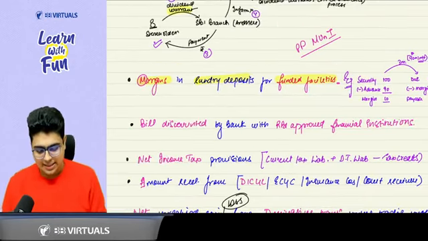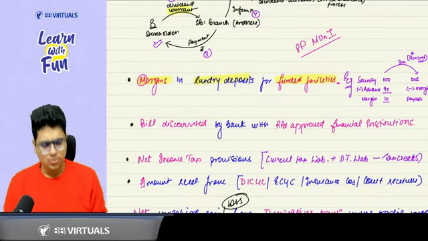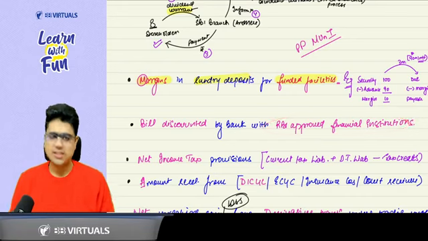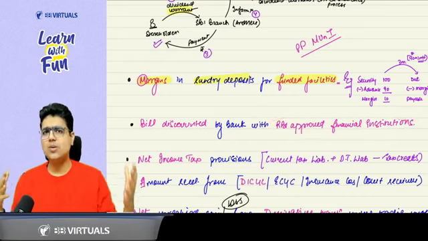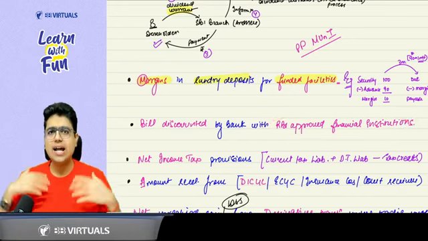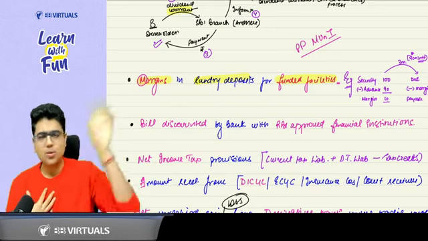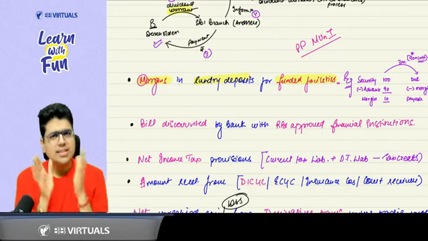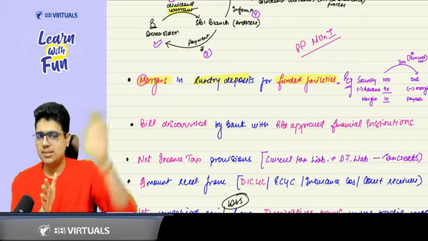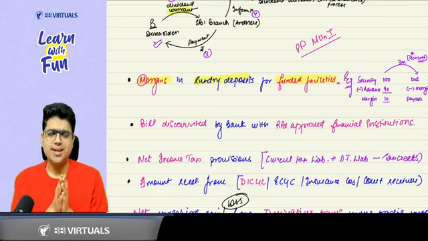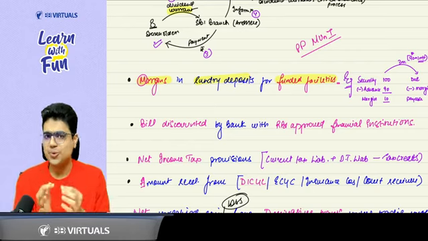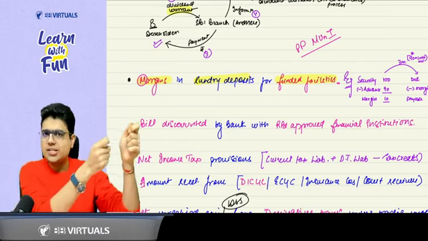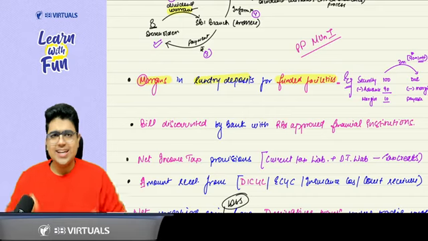So what does the next part say? Let's say the bank got a bill discounted with the RBI approved financial institution. Can I say bill discounted is also a liability? Yes, sir. Whenever I discount the bill with the RBI approved institution, bill discounting means I have a bill receivable. This receivable is receivable after 3 months. I don't want to wait for 3 months. So what do I do? I take the bill, go to an RBI financial institution, and get the money right now.